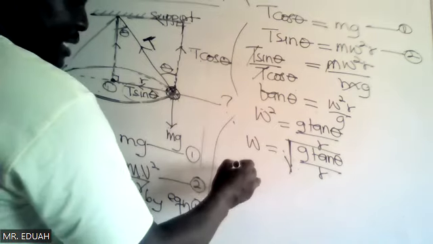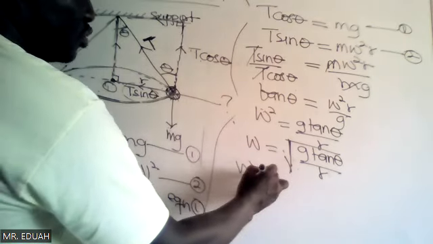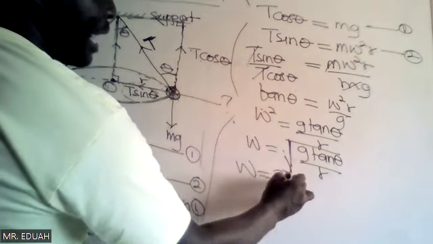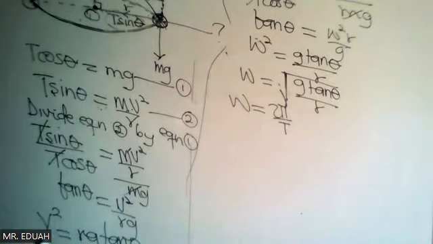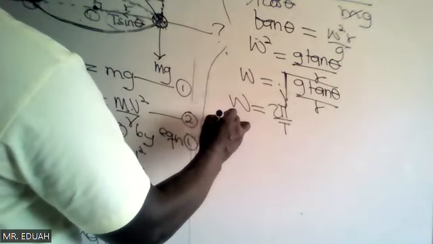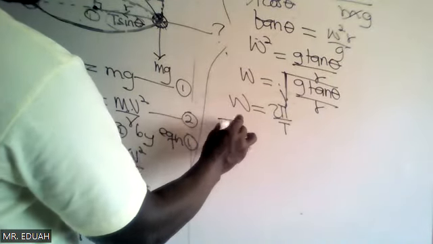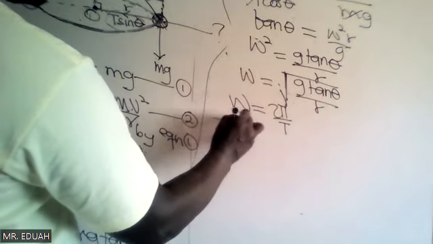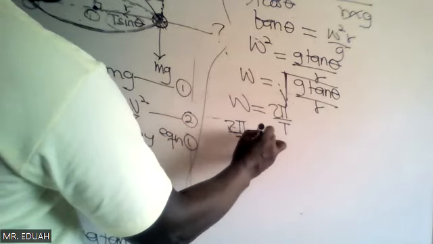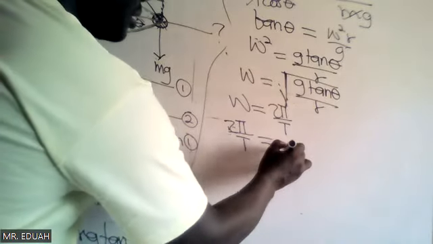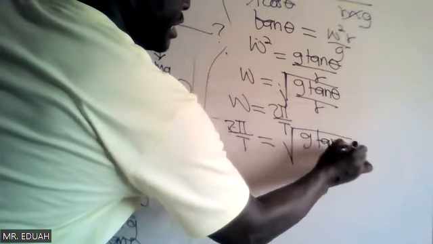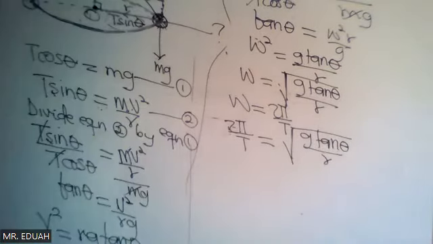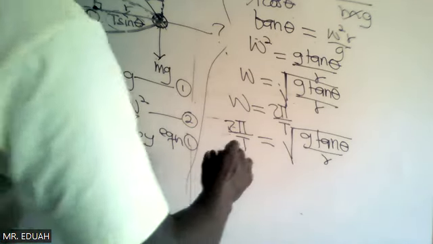Since angular velocity is equal to 2 pi on T, when you make T the subject, let's substitute it in: 2 pi on T is equal to the root of g tan theta over R. It shall make T the subject for me.